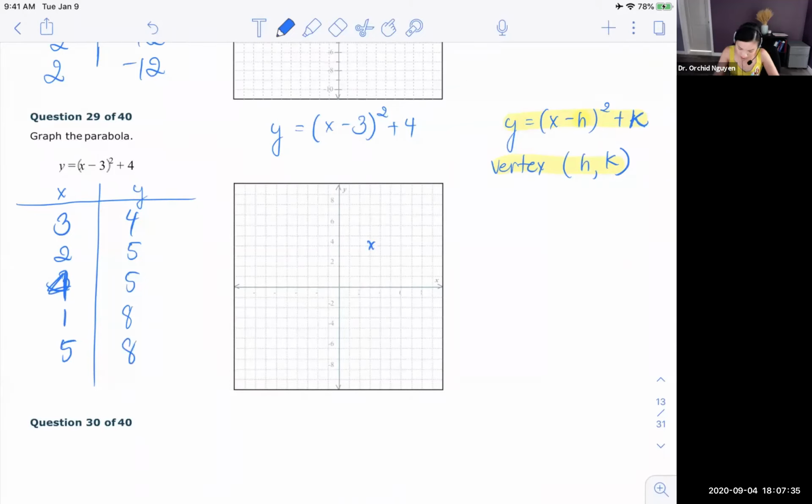And then we graph the parabola. Okay, so that's how we do it.